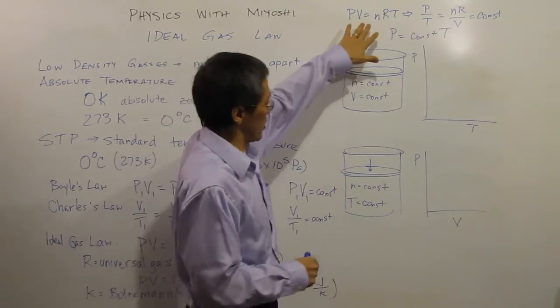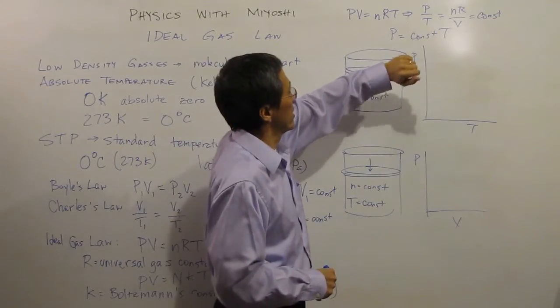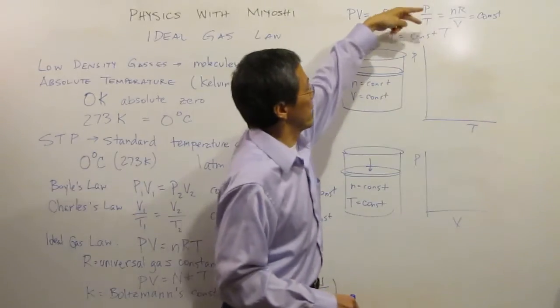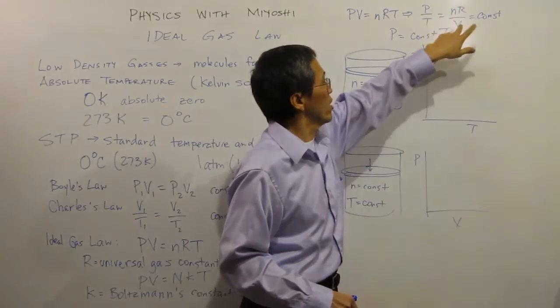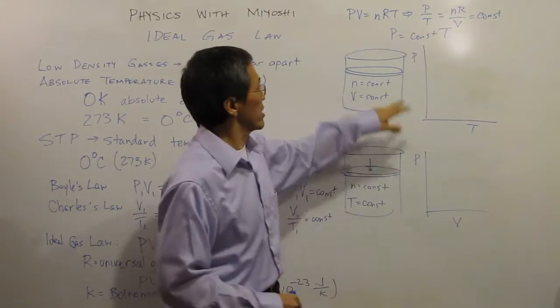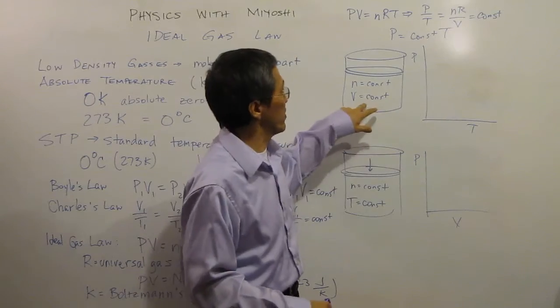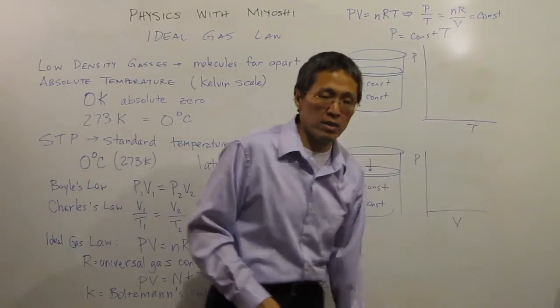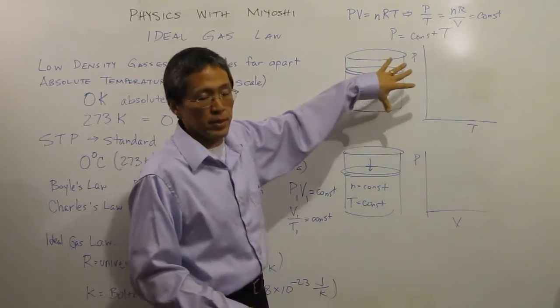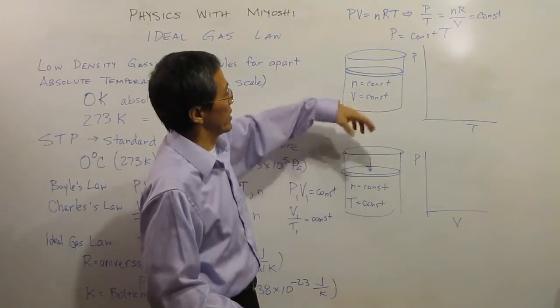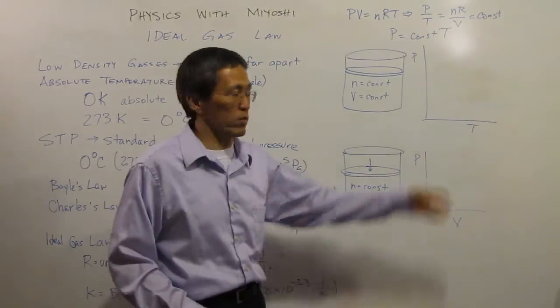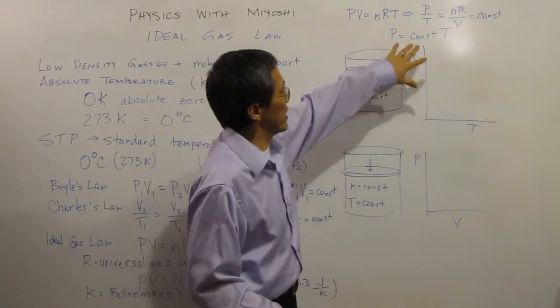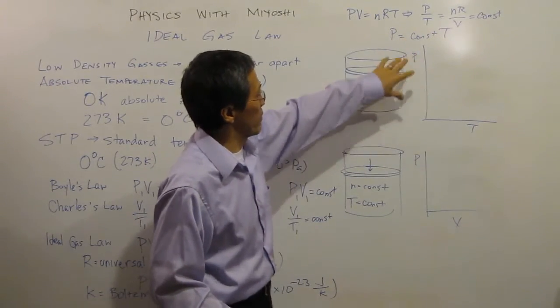If we rearrange PV is nRT, we can see that P over T must equal nR over V. Since n is constant and V is constant, P over T must be a constant. So if I change the temperature, by raising or lowering it, I must have some relationship going on.